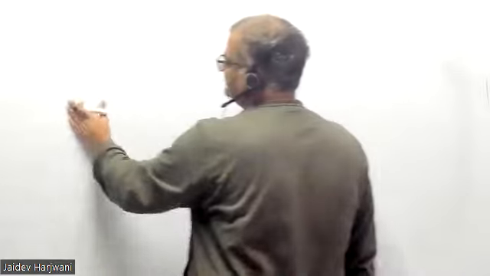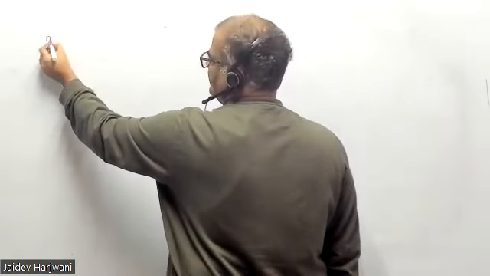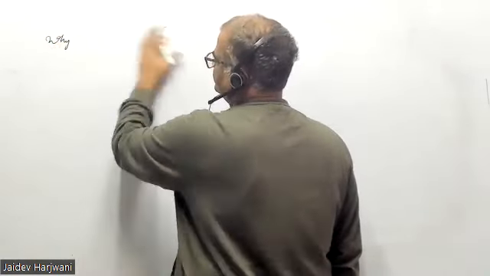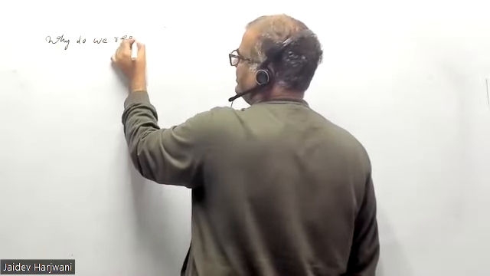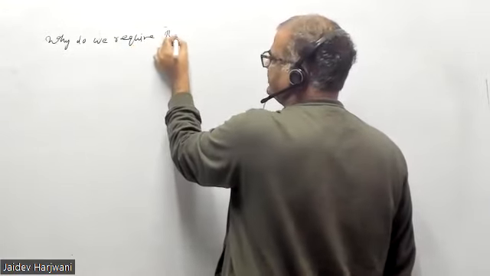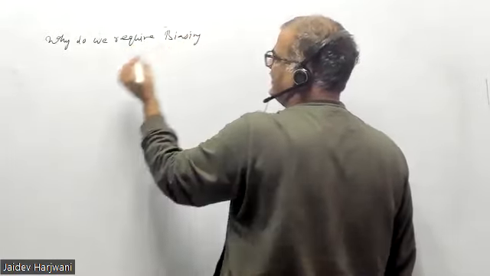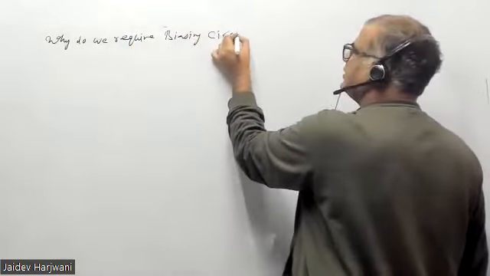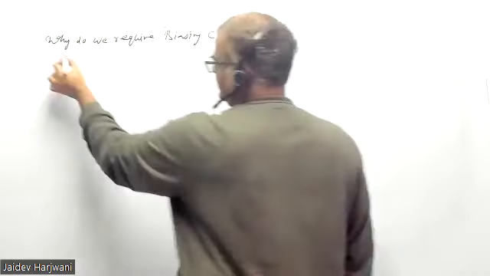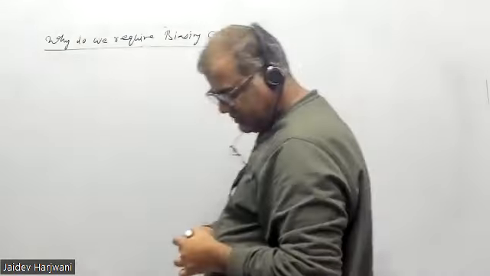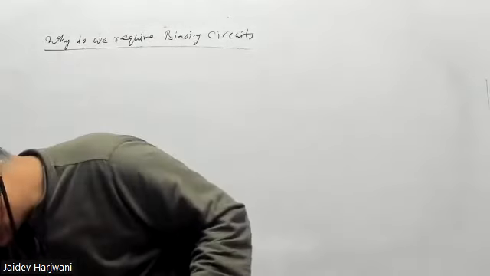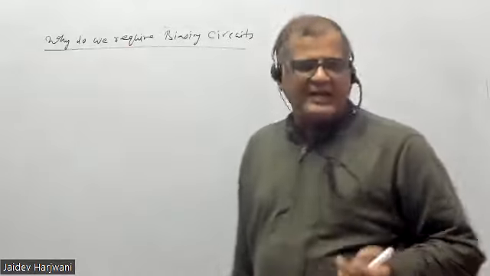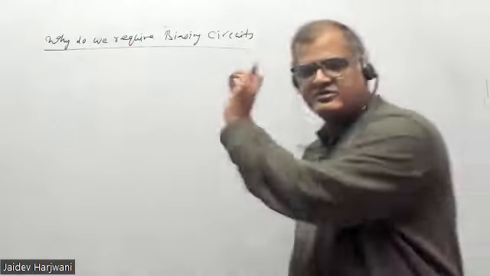So the first question is, what is biasing and why do we require biasing circuits? Because without applying biasing, you cannot fix the operating point.